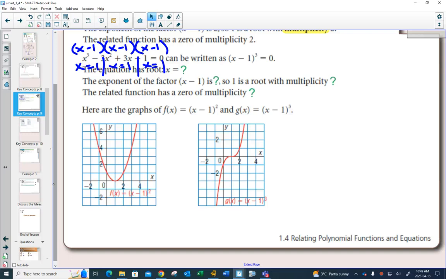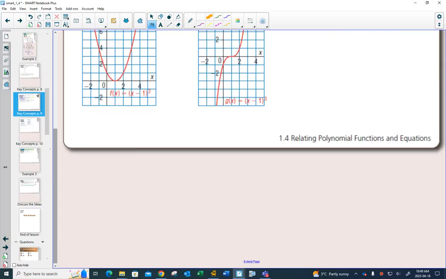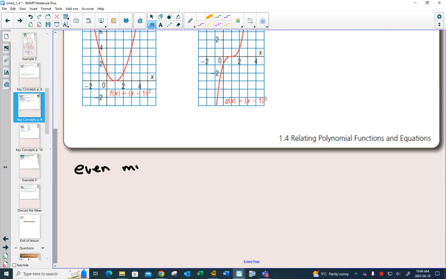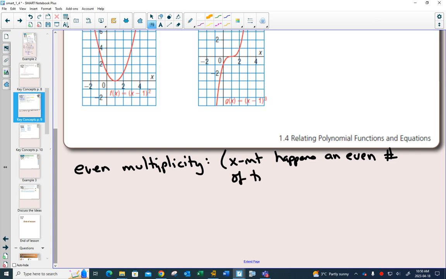So we're going to summarize this off to the side. We are going to start with an even multiplicity. So that means the x-intercept happens an even number of times, like in the parabola.